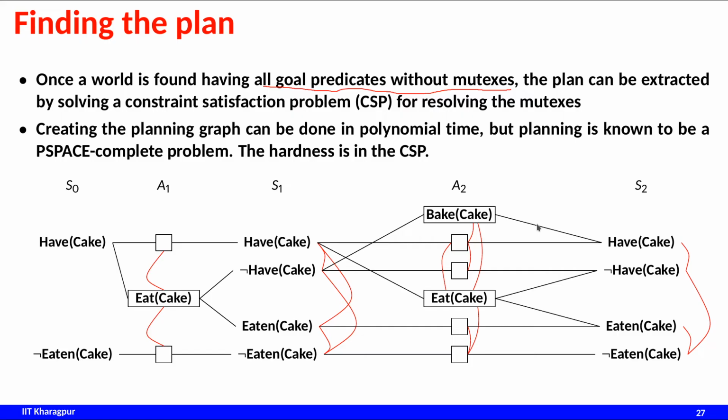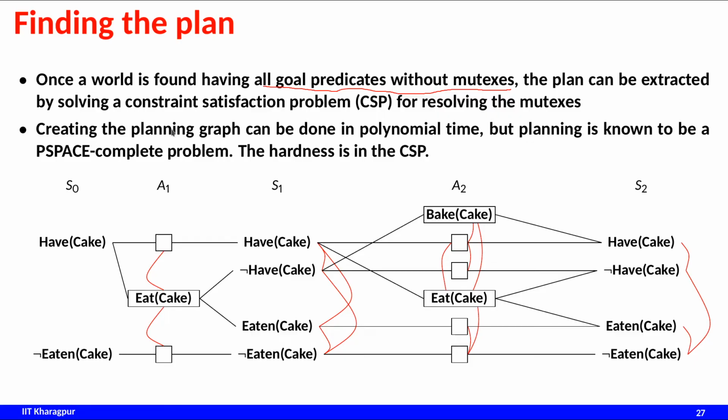We can generate these literals by applying a certain set of actions, some of which are mutex actions, so we have to choose the appropriate ordering to maintain the mutex relations among the actions and still achieve the goal. There will be a lot of combinations, so that problem can be modeled as a constraint satisfaction problem.